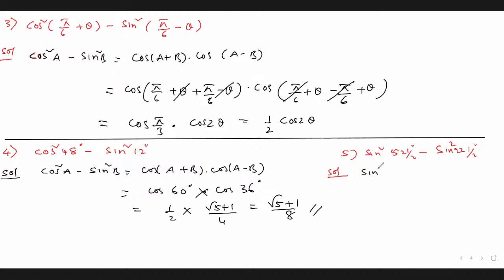Sin square A minus sin square B value is equal to sin A plus B into sin A minus B. Take down the formula, as I have not given you the formula. I am writing the formulas here. So just go through this one, and I have given you the formulas also, and the values also.